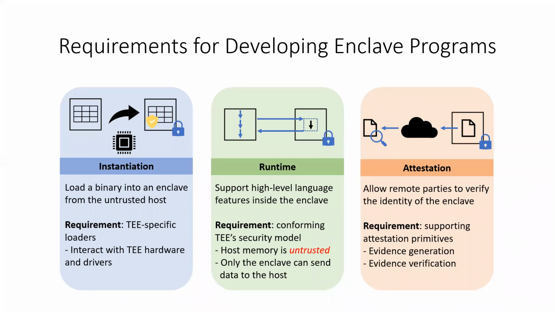And to support this process, you have to read up on what the spec tells you, for example, what the evidence format looks like, and how you generate evidence of an Enclave by interacting with hardware, and on the remote part, how you verify this specific format, and it usually also involves different types of crypto operations.